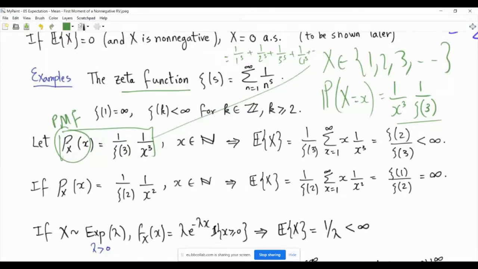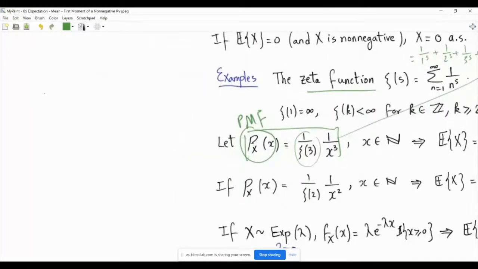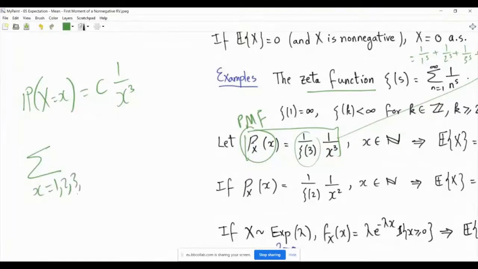So this PMF needs this scaling factor. Let's see why. If I tell you that the probability that big X is equal to x is some constant times 1 over x cubed, how do you determine the constant? The sum over x equal 1, 2, 3, and so on should be equal to 1.